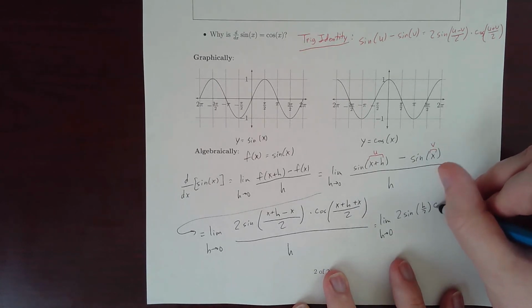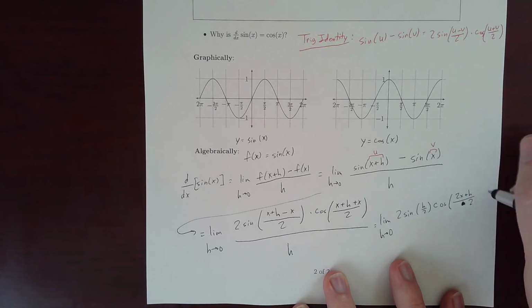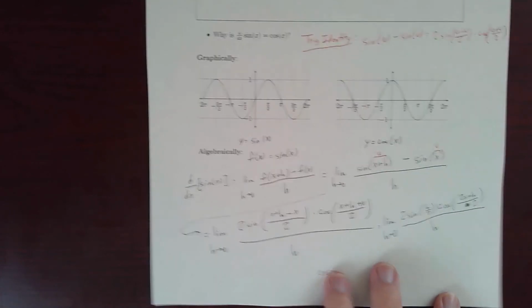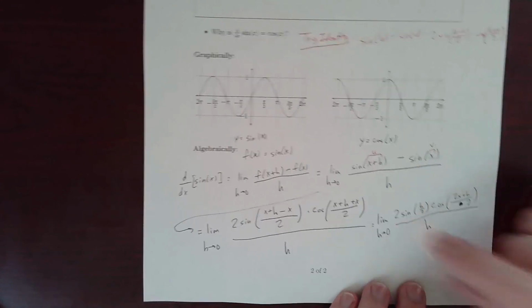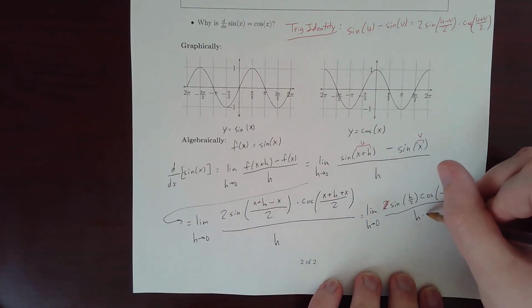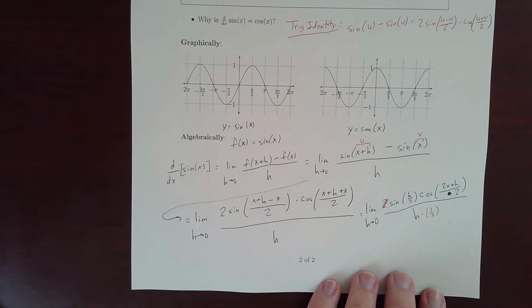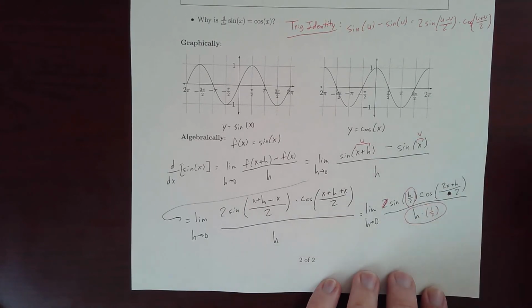And this will be cosine of (2x plus h) over 2, all over h. Now from here, what we're going to do is rewrite this 2 as dividing by a half. So instead of 2, we're going to write it as times 1/2 in the denominator. And so now we have h over 2 and h over 2.